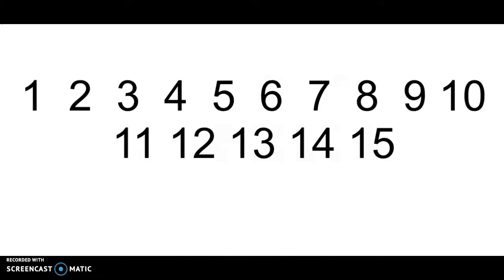All right, now we're going to count to 15. Let's whisper. We're going to whisper and count to 15. Are you ready? Everybody has to whisper voices on. Okay, let's count. 1, 2, 3, 4, 5, 6, 7, 8, 9, 10, 11, 12, 13, 14, 15.